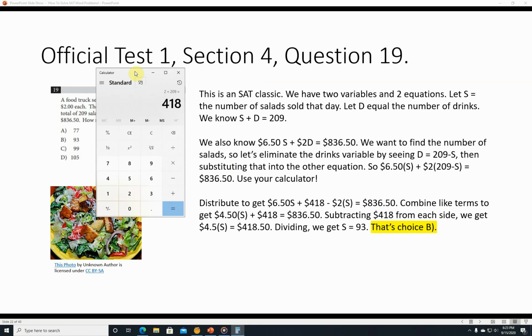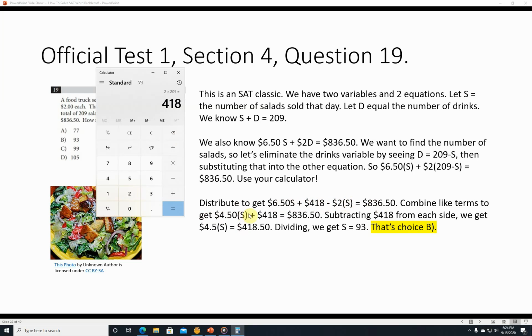So 6.50S plus 2 times 209 minus S is just going to be 418 plus 4.50S, which is equal to 836.50.